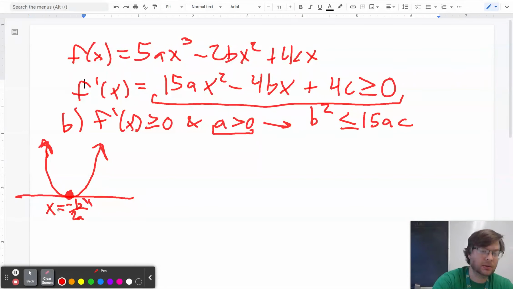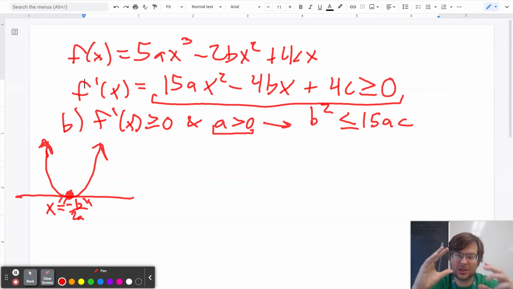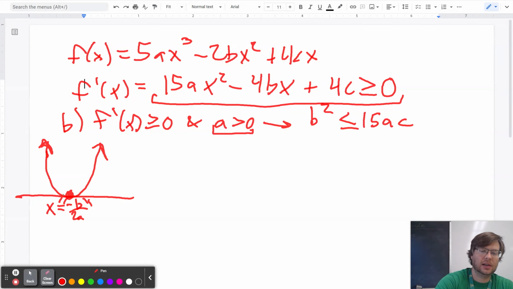I put quotes around that because the b over 2a there comes from the standard form of a quadratic equation. It's not the same b and a that are in our values right there. And so what I can do then is identify here is like our b value, and here is like our a value.